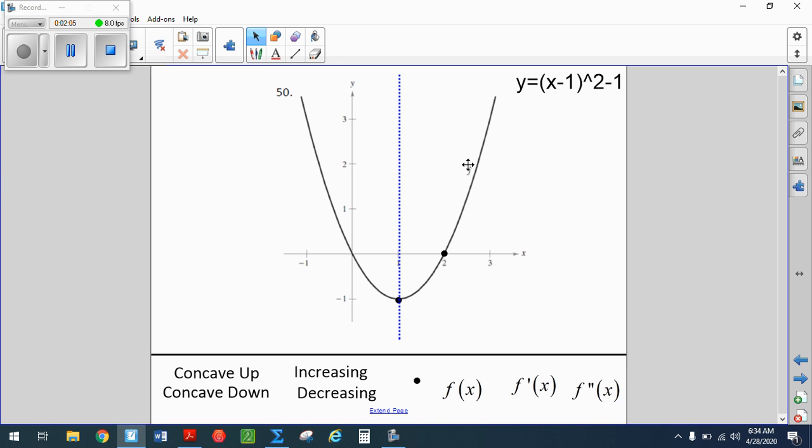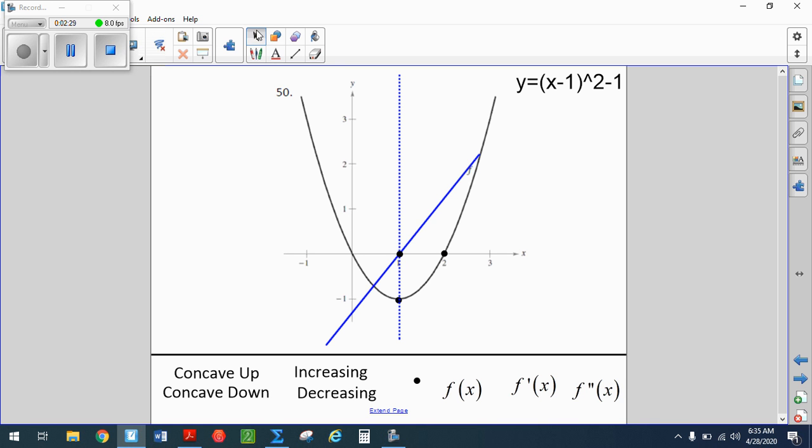Since I'm increasing from 1 to infinity, I know my derivative graph will be positive. So if I were to graph the derivative without knowing the slope of the line, I know that I have to have some kind of 0 at 1 comma 0 for my derivative graph.